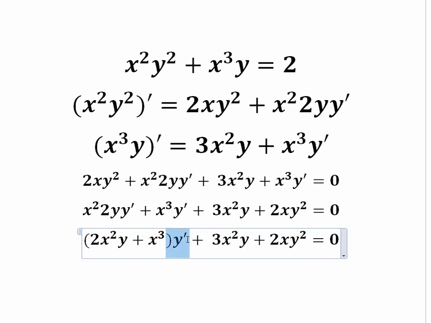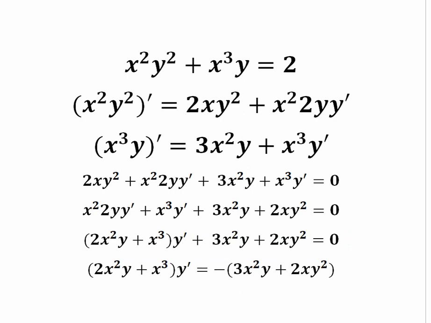So y prime was a common factor, so this is the other factor, and then we got this portion without y prime.